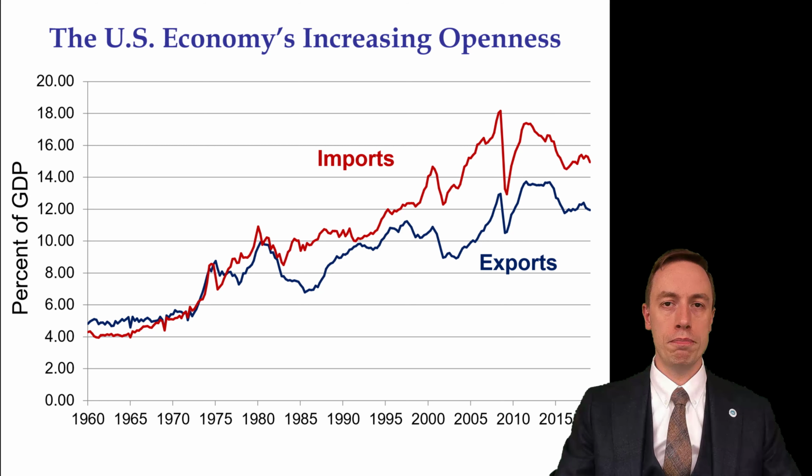Imports and exports have both grown as a share of GDP. In addition to that, since roughly the early 80s, imports have grown faster than exports, leading to a gap in between those two numbers. When imports exceed exports, that's what we refer to as a trade deficit, which at the conclusion of this data series you can see is at about 3% of US GDP.